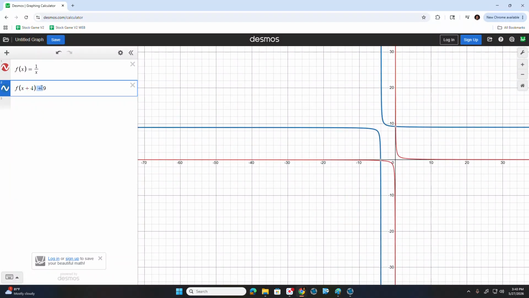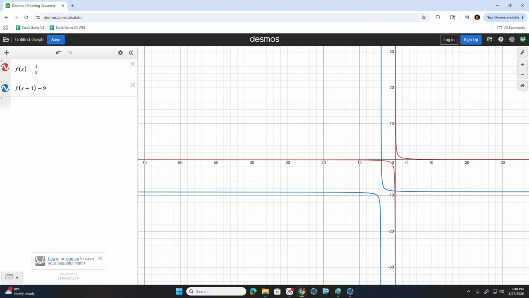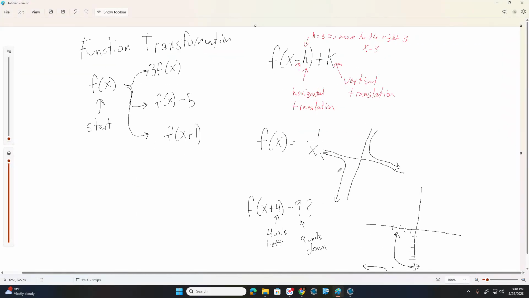Minus 9. All we've done is we translated the red 4 units to the left and 9 units down. So that's something that we use quite a bit. As long as you understand what the start function looks like, a lot of these transformations you can just make educated guesses about. Oh, is it a reflection? Oh, is it something else?